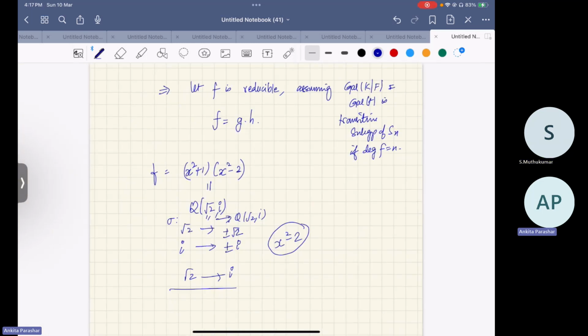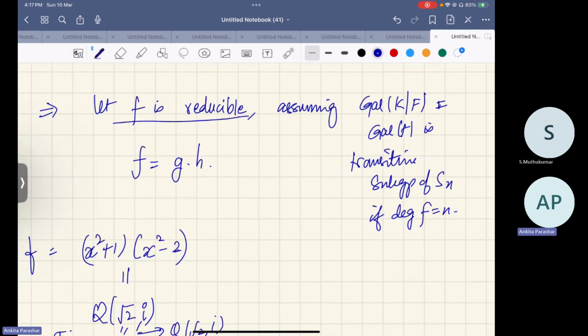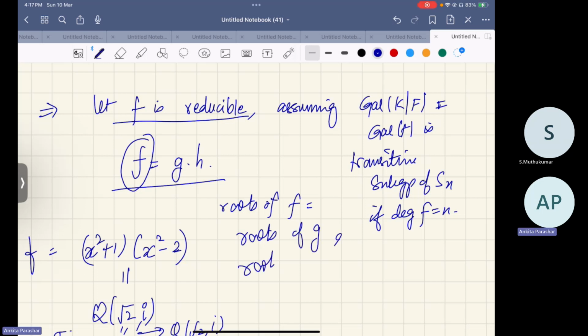So if you take f to be reducible and f to be g times h, then of course the roots of f are the same as the roots of g together with the roots of h. So all roots of g and h together will give you the roots of f.